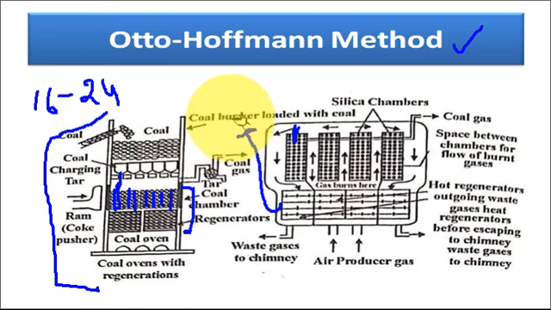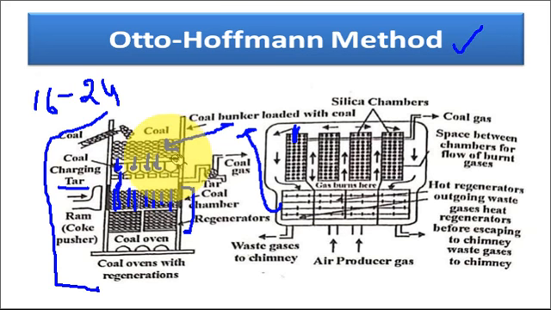At the uppermost part there is the coal bunker, where the coal is collected. So we introduce coal in the coal bunker. Beneath the coal bunker there is the coal charging tower. Through the coal bunker, coal gets into the coal charging tower.